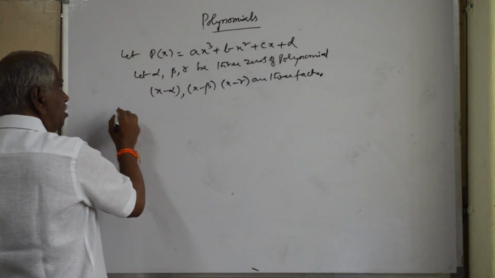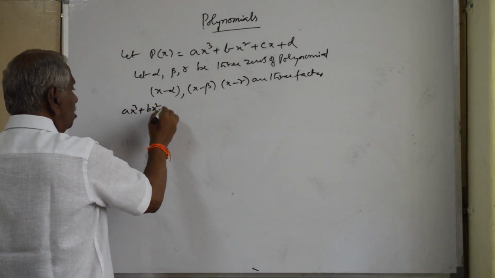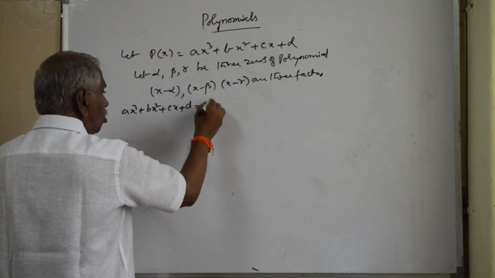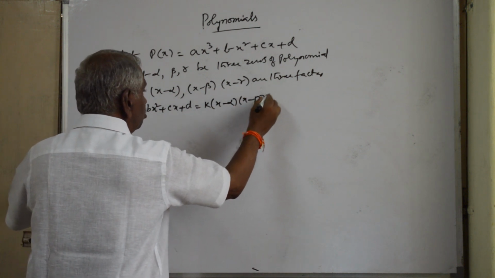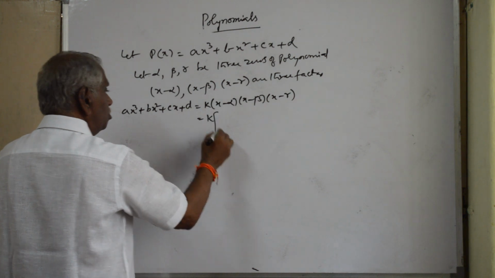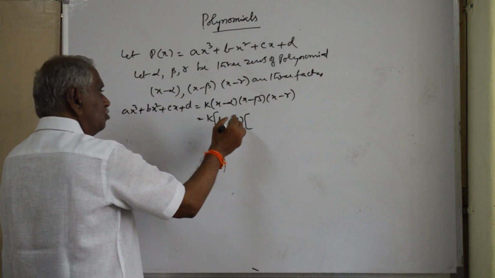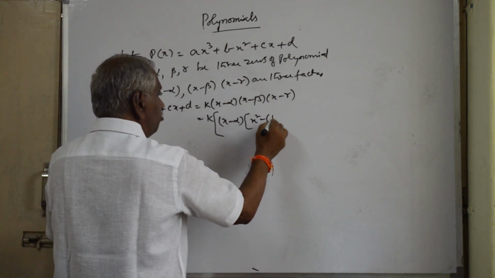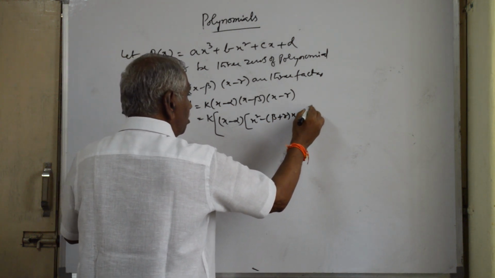Now ax cube plus bx square plus cx plus d is equal to k times x minus alpha into x minus beta into x minus gamma. Now k into x minus alpha into, multiplying this one, x square minus of beta plus gamma into x plus beta gamma.